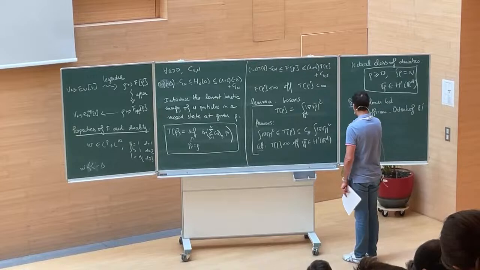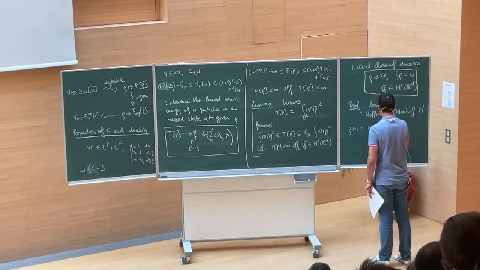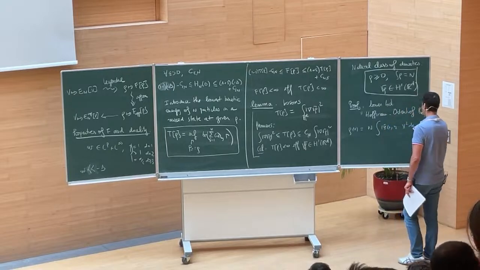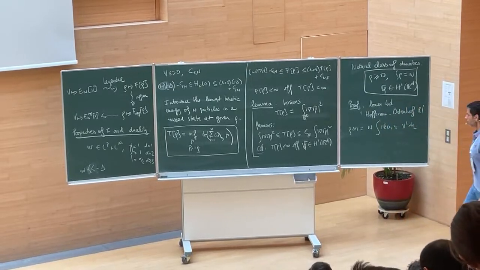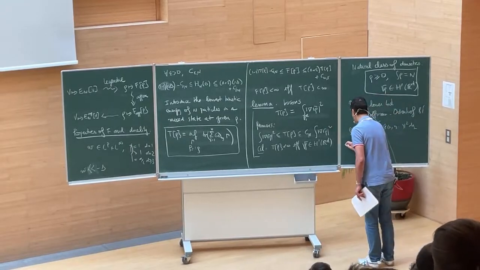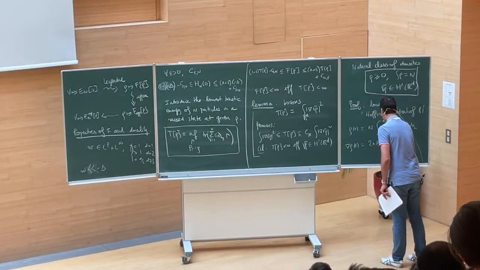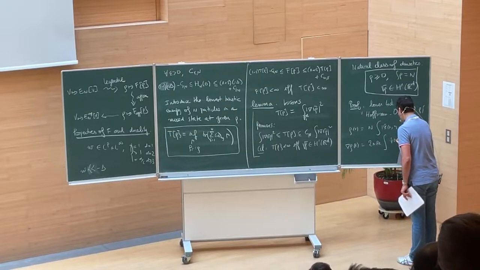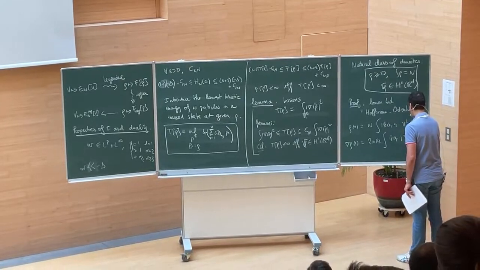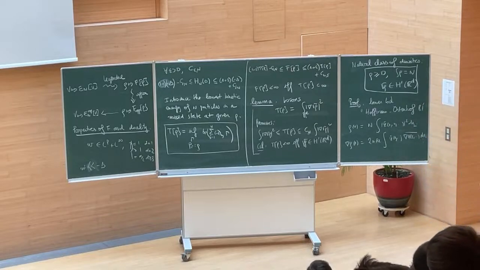Okay, so let me remind you that rho of x is n times the integral of |psi(x, x_2, ..., x_n)| squared dx_2 ... dx_n. And so we can first compute the gradient of rho. We assume we can compute everything, and then we compute. We get 2n times the real part of the integral of psi-bar of x, x_2 and so on times the gradient of psi. And then we do Cauchy-Schwarz.